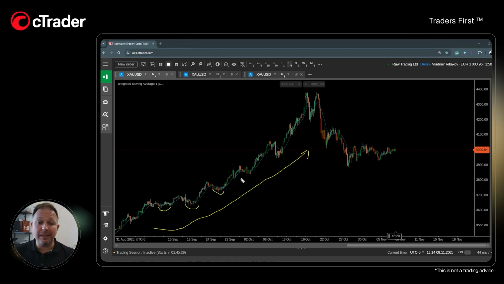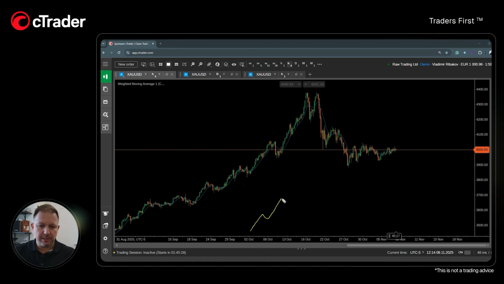So every time it drops below the weighted moving average, it's your opportunity to join the uptrend, as long as the moving average as well as the price maintain the sequence of higher highs, higher lows.